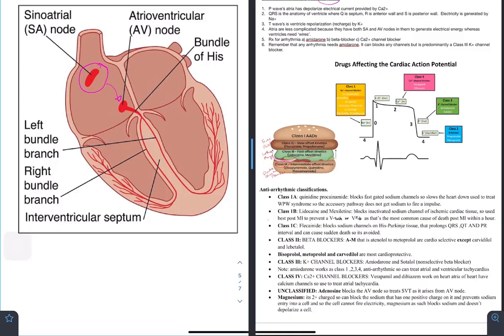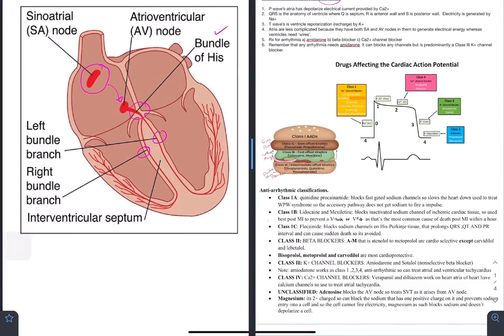At the intersection of all four chambers, we have what we call the bundle of His. From here, it splits into two branches, left and right, which travel in between the interventricular septum and wrap around the rest of the heart muscle, specifically the ventricular regions.